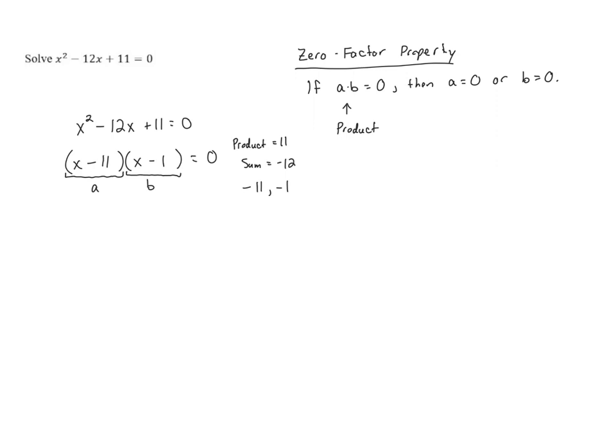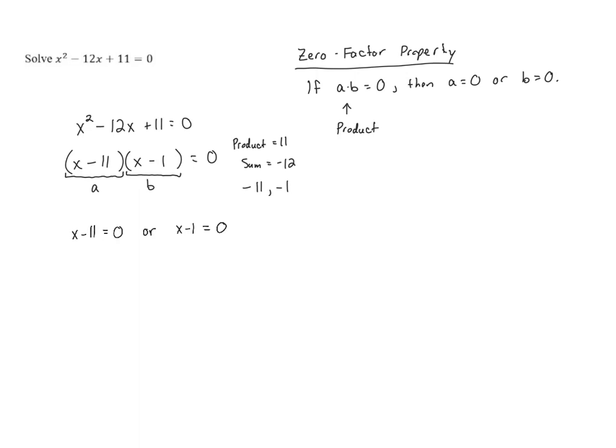And so that's exactly what we're going to examine. In this case, a is x minus 11. So we're going to set that equal to 0 because we know that either that factor is 0 or the other factor, b, is 0. In this case, b is x minus 1. So we're going to say or x minus 1 is 0.